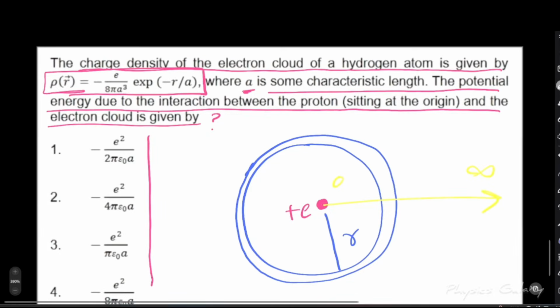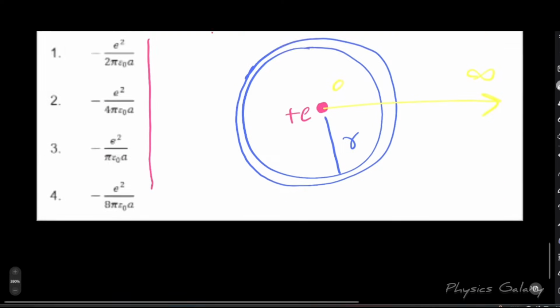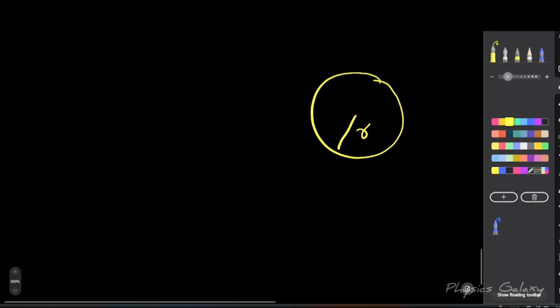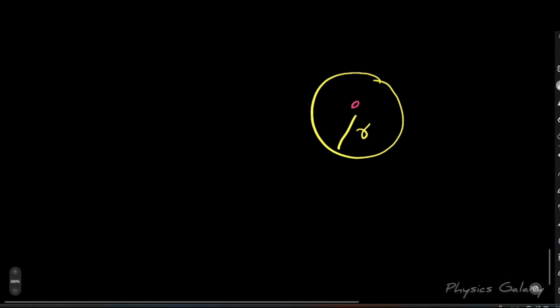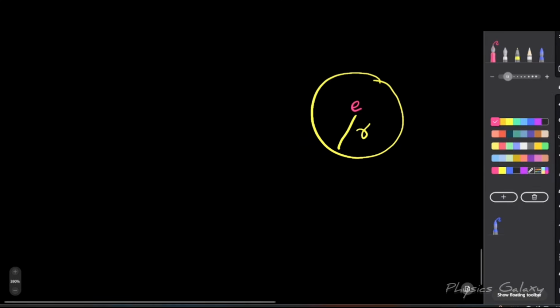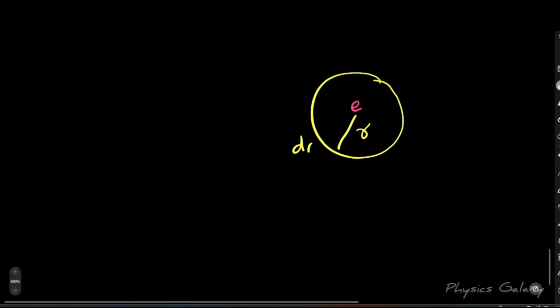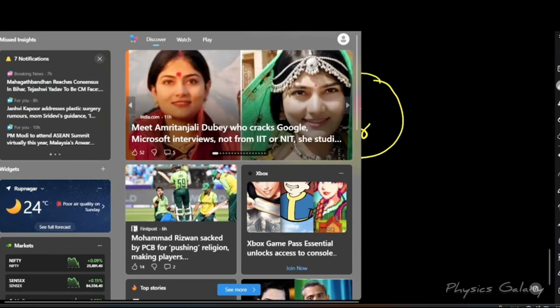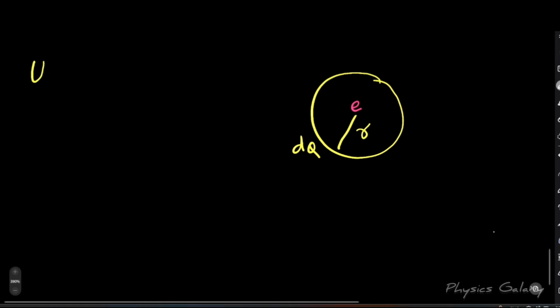So we already know, if we have a shell of radius r, and at the center we have a charge plus e, and the shell's charge is dq, then the potential energy will be U equals e dq divided by 4 pi epsilon naught r.